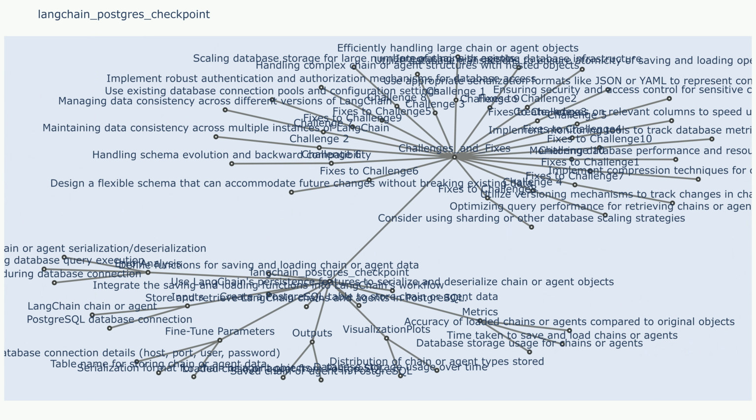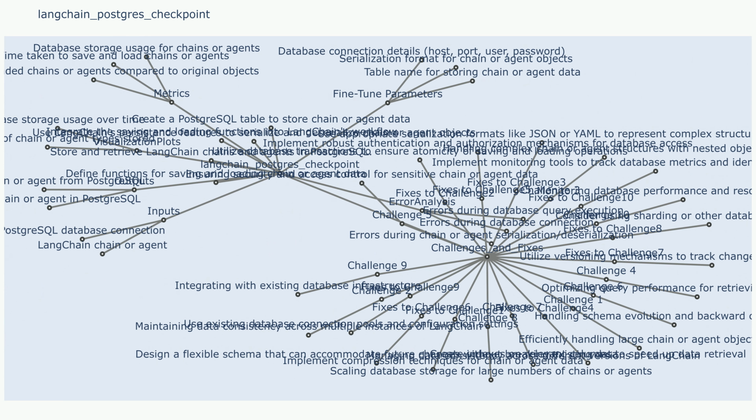Visualization plots: checkpoint size over time: a plot showing the size of the checkpoints over time, highlighting any trends in data growth. Checkpoint creation retrieval times: a plot showing the time taken to create and retrieve checkpoints, identifying potential performance bottlenecks. Fine-tune parameters. Serialization format: the format used to serialize the agent's state.